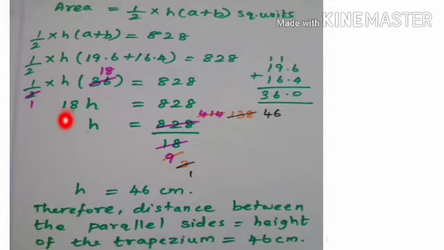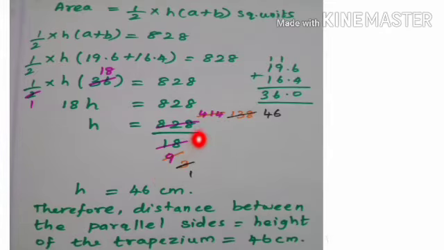Now this 18 is in the numerator on the left hand side. When it crosses the equal to sign, it goes to the denominator on the right hand side. So h is equal to 828 divided by 18. Now by using the second table, here it is 414 times and 9 times.